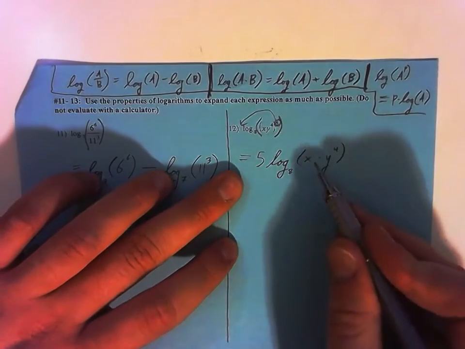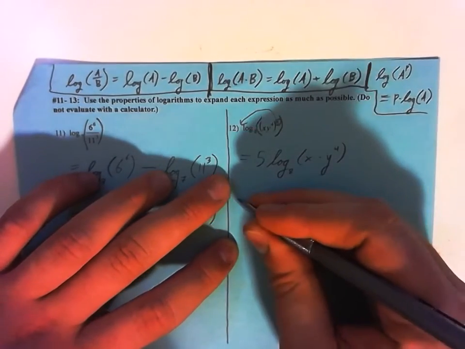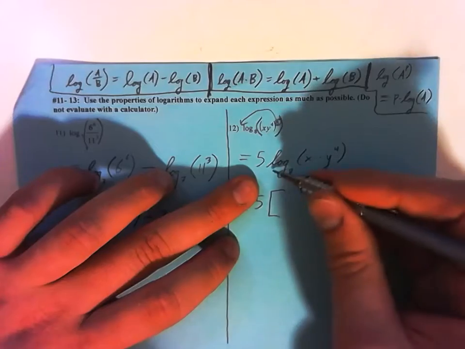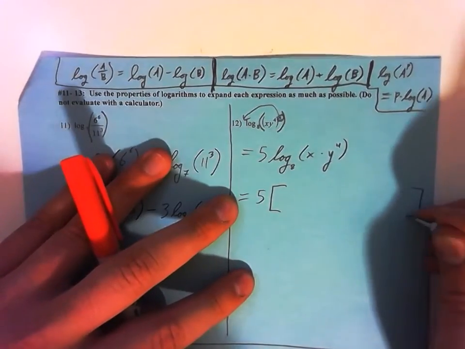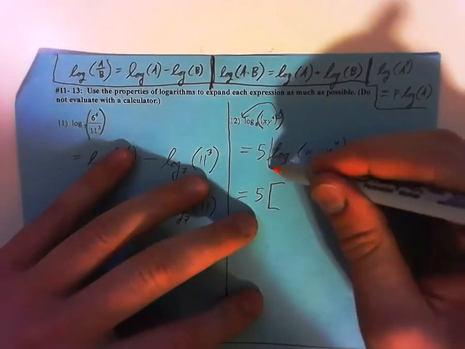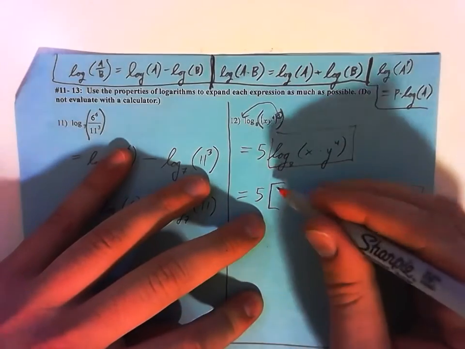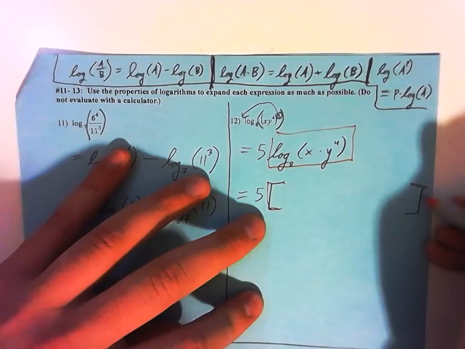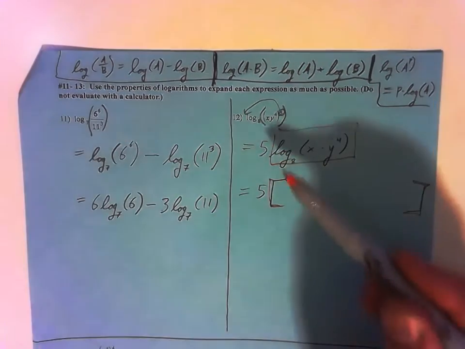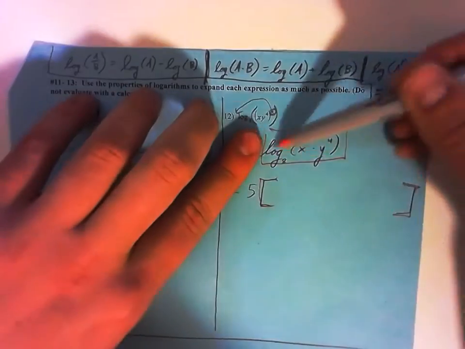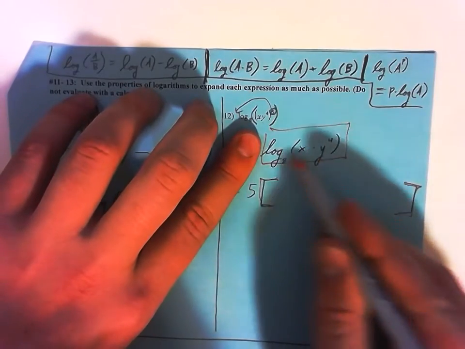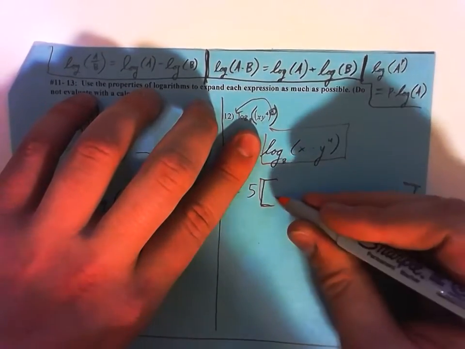Okay, now I'm just gonna focus for a second on this part and write it in here. And we'll come back to the 5 in a second, but it's 5 times log of this stuff, but we can separate this piece into 2 separate logs.